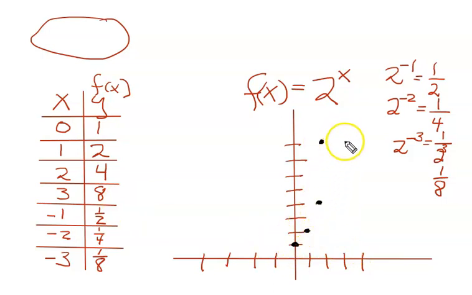So we get an idea of what the curve looks like, I guess this could be over a little bit more this way too. Come to think of it. Now let's do the negative values. If x is negative 1, it's 1/2. Negative 2, 1/4. Negative 3, 1/8.